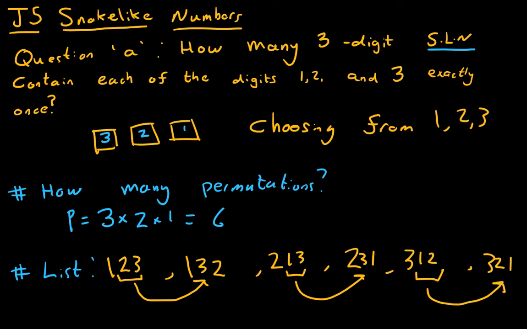Now we need to choose which of these is snake-like, and we do this by inspection. That goes up, and that goes up. That's not snake-like. That goes down, and that goes up.